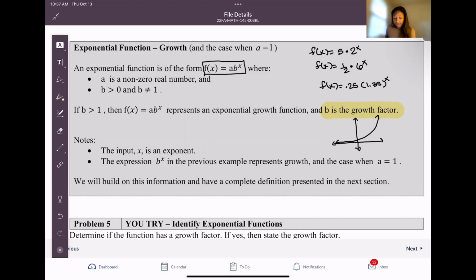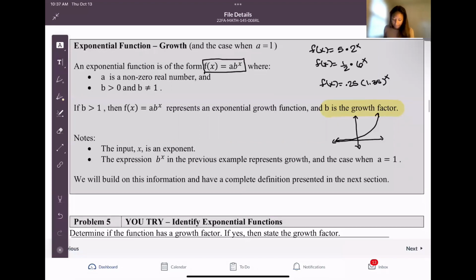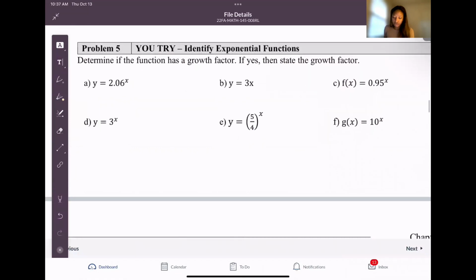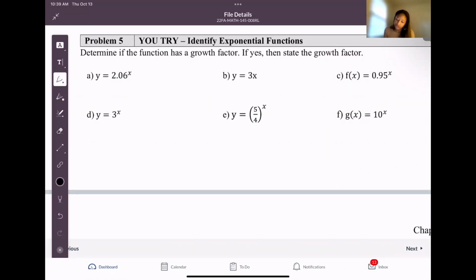All right, so now that we know what exponential functions look like, we have a number raised to the x power. That makes it an exponential function. In the next section, we're going to practice identifying exponential functions. Is 2.06 raised to the x power exponential? The answer is yes. This is exponential.